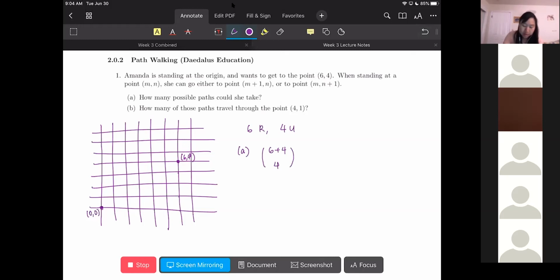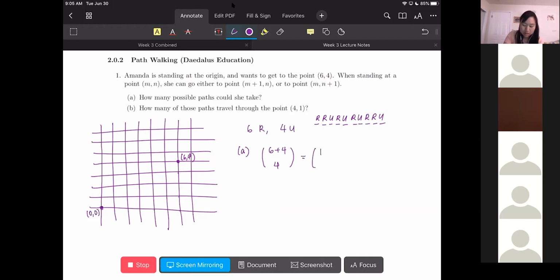So basically, if we want to count the number of paths that have 6 rights and 4 ups, then basically we want to count the number of sequences that look like, say, R, U, R, U. That's, for example, 1. And so basically there's 10 blocks, and we need to choose 4 of them to be ups, or there's 10 blocks and we need to choose 6 of them to be rights.